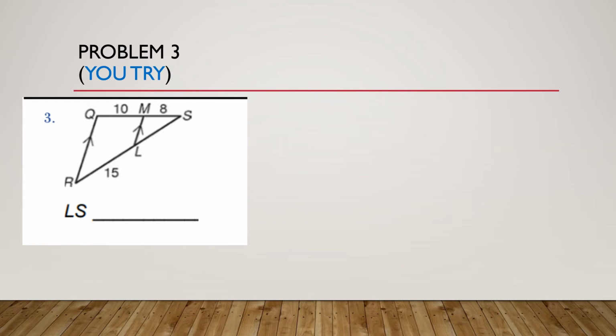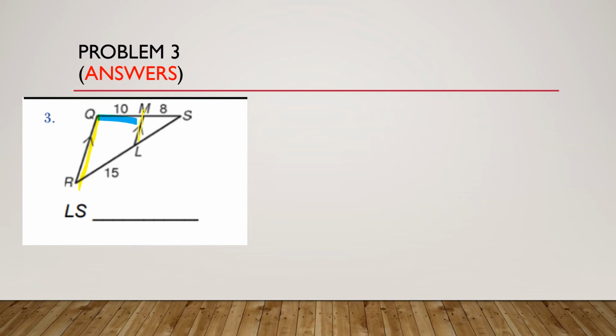We're going to skip to problem number 3. Again, if you haven't done it yet, pause the video, solve it, and then come back. Again, we can use our triangle proportionality theorem because we can see that MN, which is cutting our triangle, is parallel to QR. So we're going to set up our proportion.